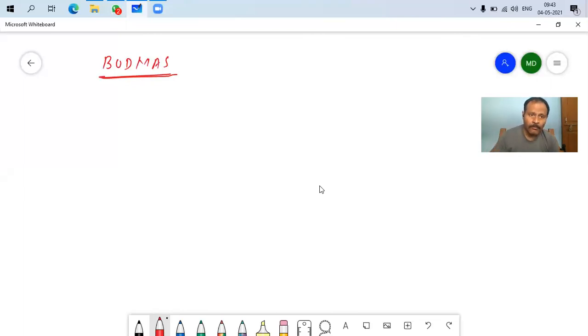Now, when you do the same in computer, that's very simple. Here it is multiplication first, then division, then addition, then subtraction.